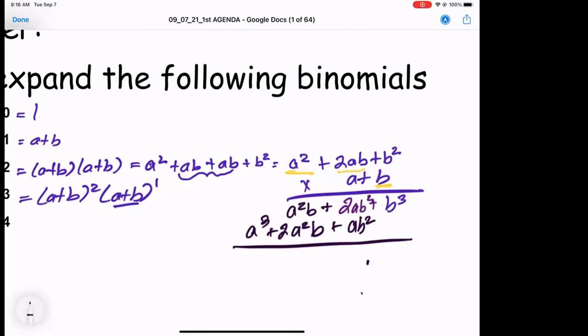Combine like terms. We've got a cubed plus 3a squared b plus 3ab squared plus b cubed.